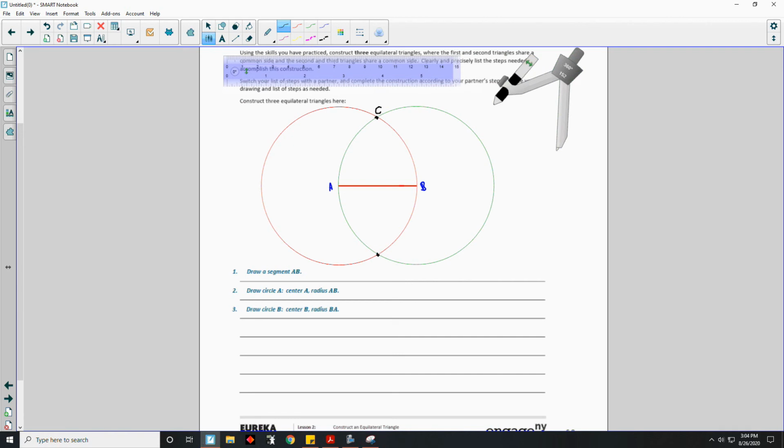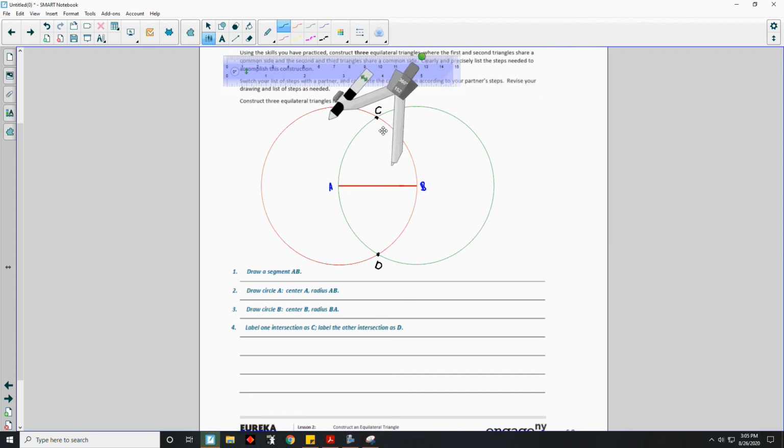This is an intersection point, and I'm going to call that D. So label one intersection as C and label the other one as D.